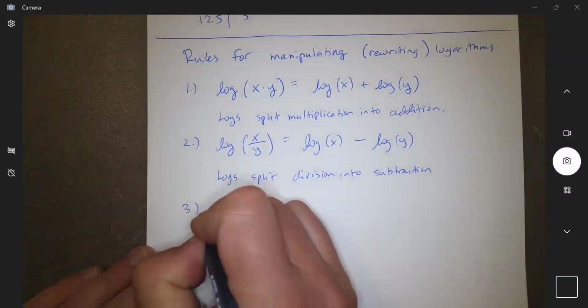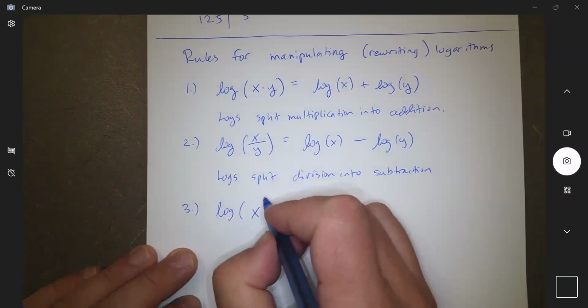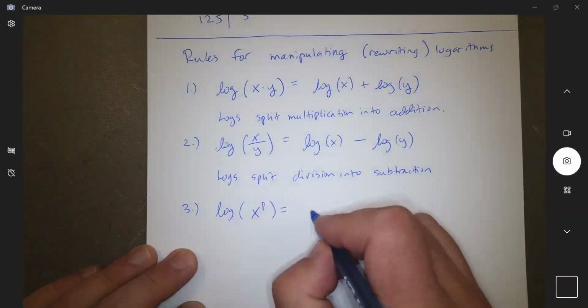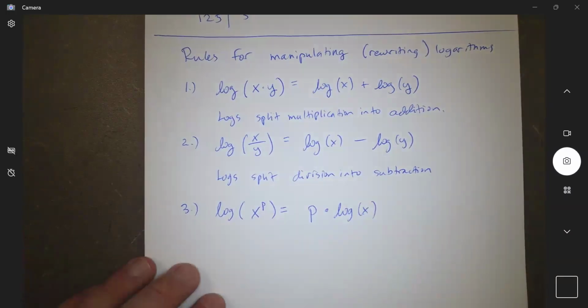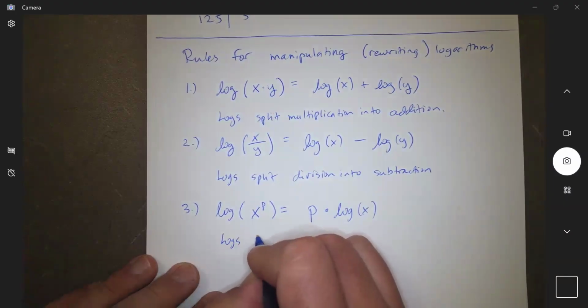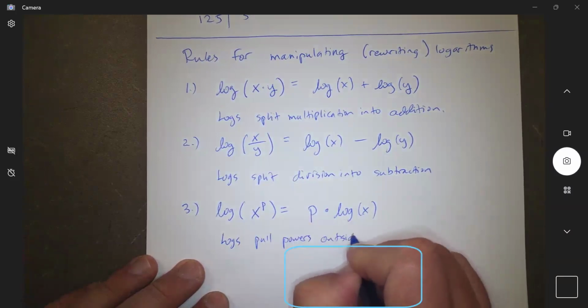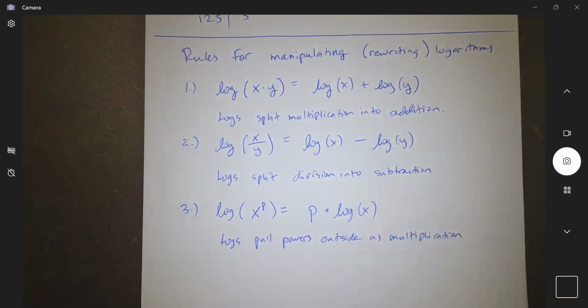The next one is, if I have a log, and inside that log I have x raised to some power, I can pull that power down in front as a multiplication. Logs pull powers outside as multiplication. These are our three key rules for rewriting logarithms.